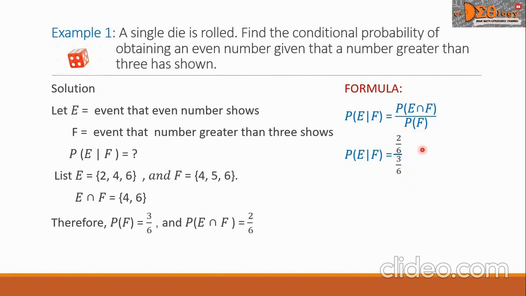Then let us write this complex fraction into 2 over 6 times 6 over 3. And then we can cancel the 6 and the 6, and our final answer will be 2 over 3. This is now the conditional probability required by the problem.